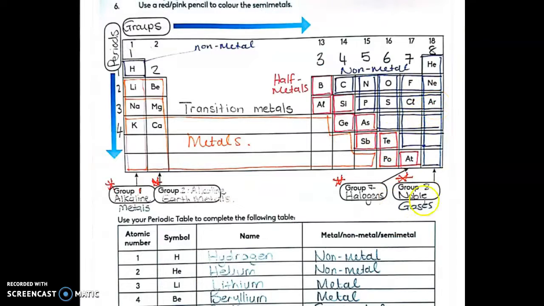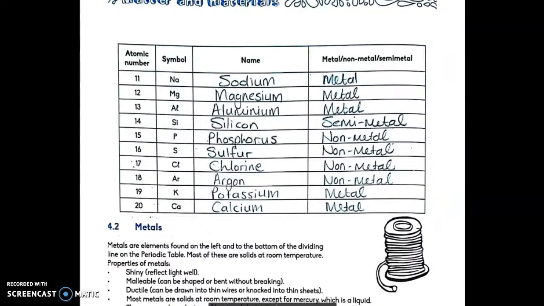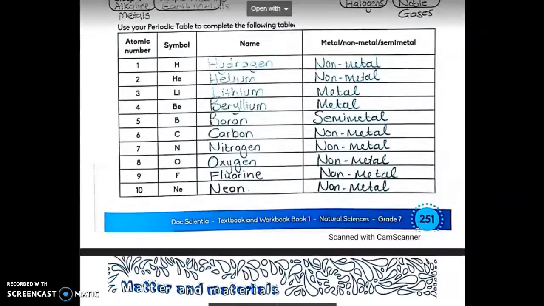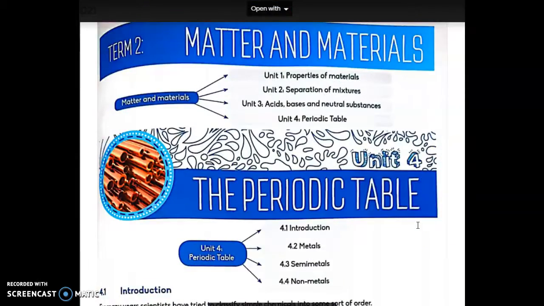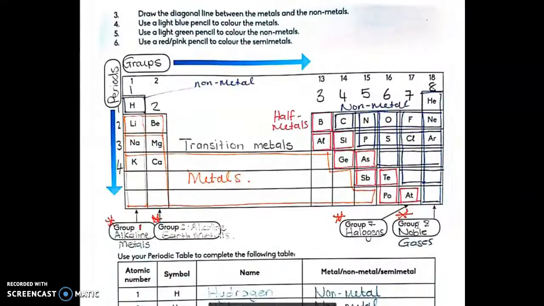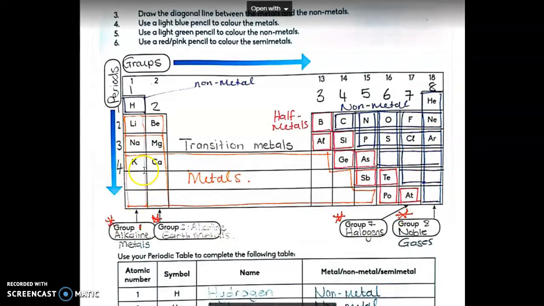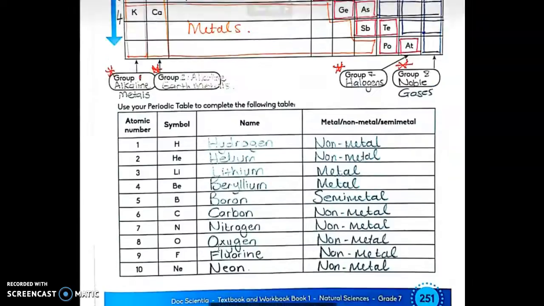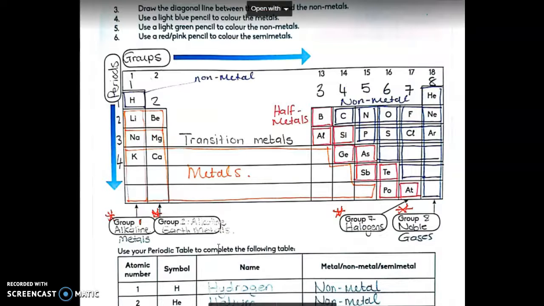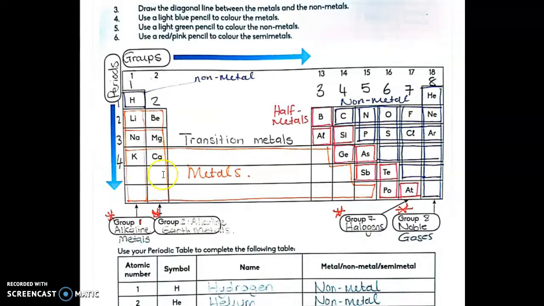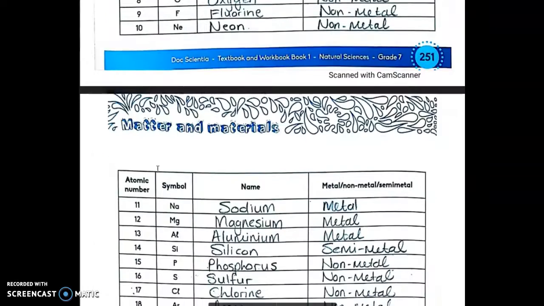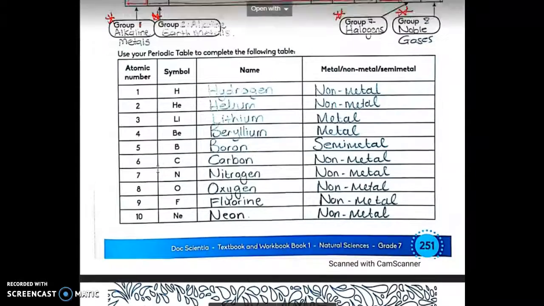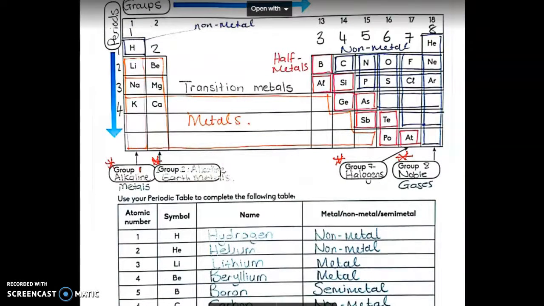Ar is argon, and it's a non-metal. K, potassium, and it is a non-metal. Ca, calcium, and it is also a non-metal.